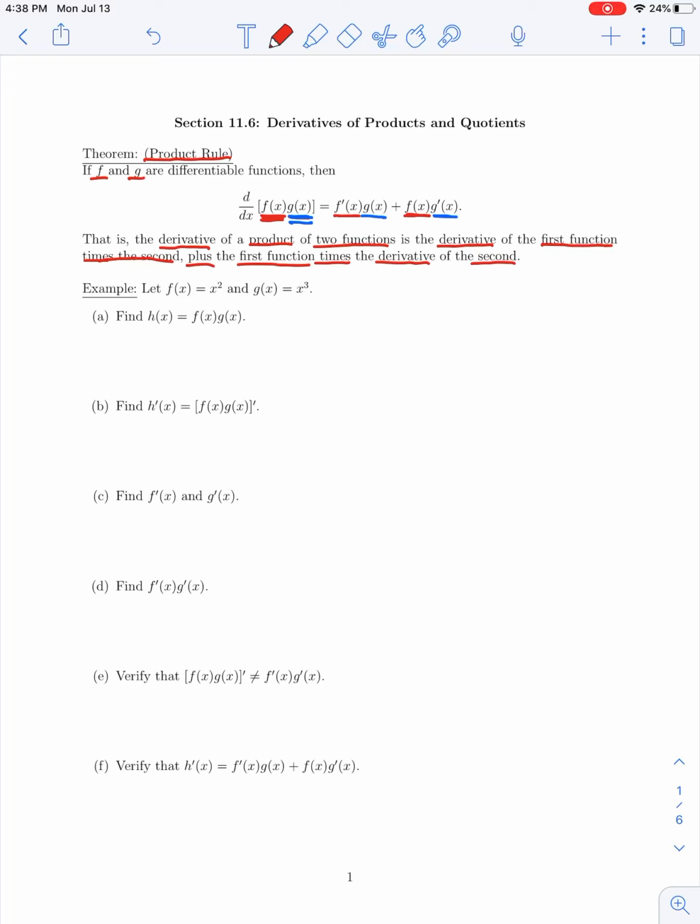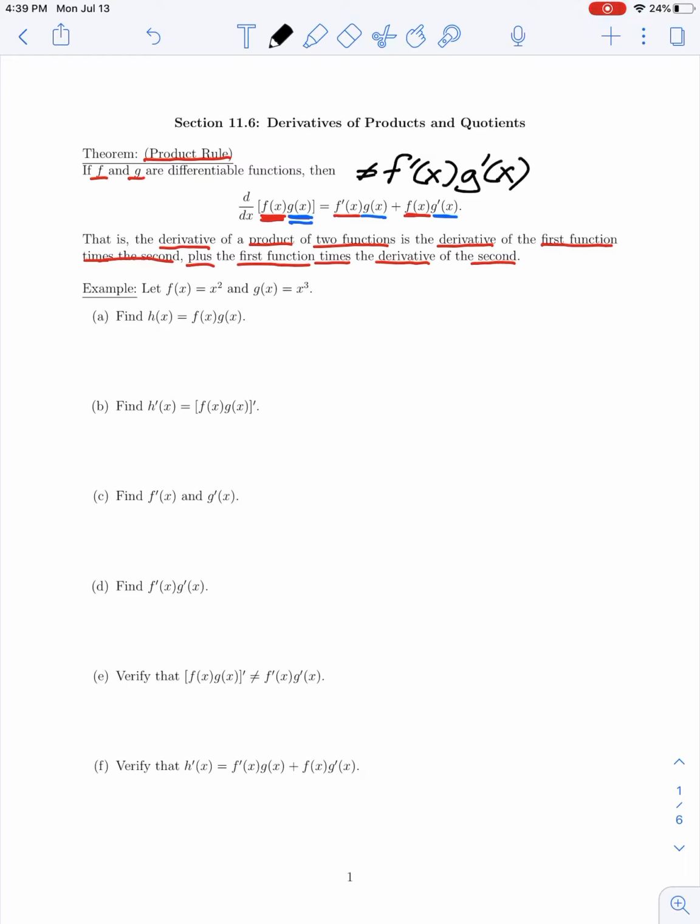All right. So to see an example of why this rule works and why the derivative of a product is not simply equal to the product of the derivatives, f prime of x times g prime of x, let's consider the following example.